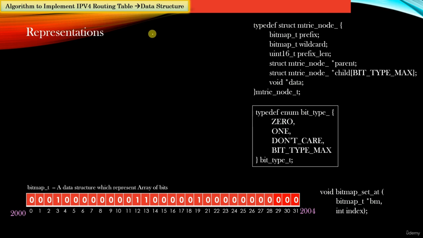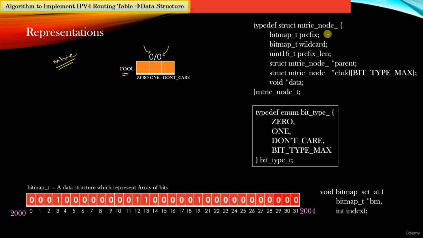Finally, we need to discuss how to represent the root of the mtry. As I said, mtry is a tree and every tree has a root. In our case, our mtry data structure has a root which is a special node and differs from the rest of the nodes in the mtry. This represents the root of the mtry, and the special thing about the root is that it does not have any effective prefix and its prefix len is 0.